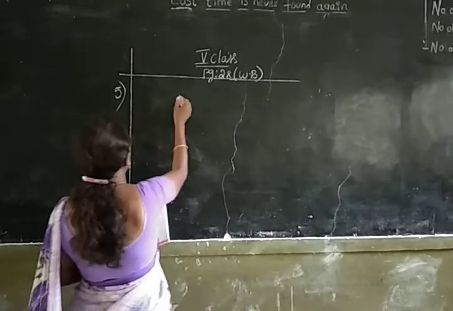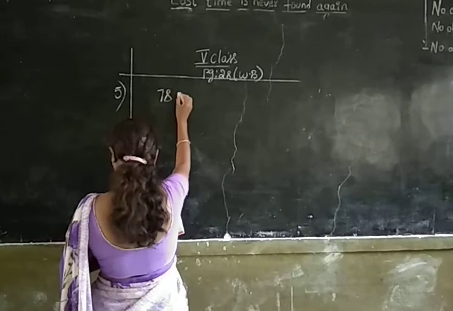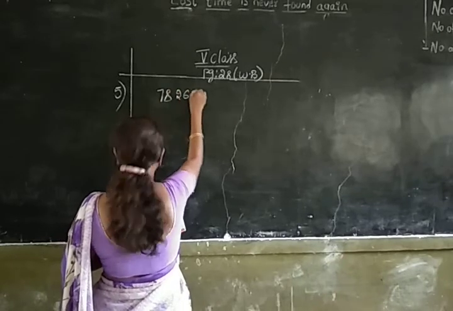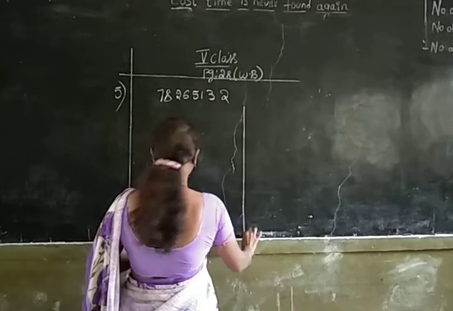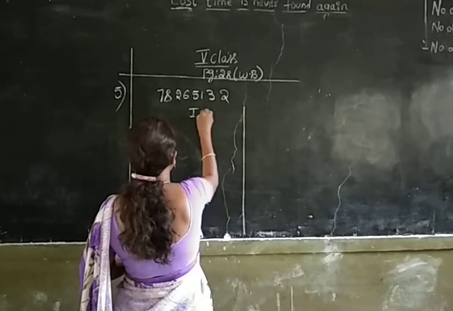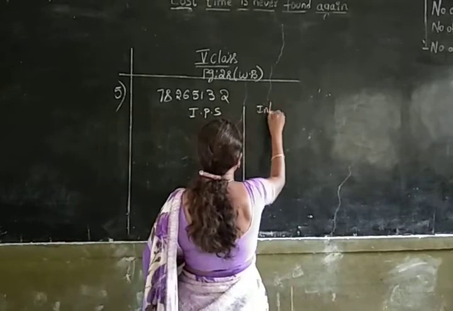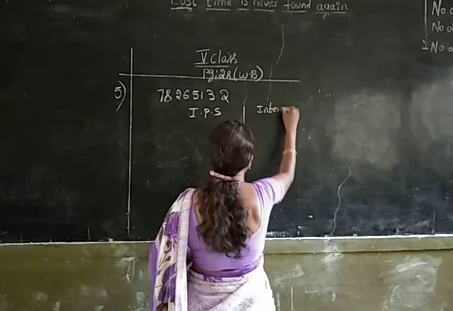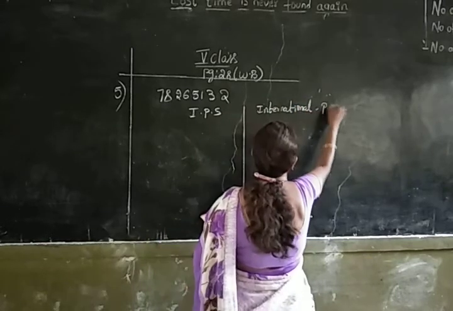So the number is... you have to write down the place values according to the Indian place value system and international place value system.